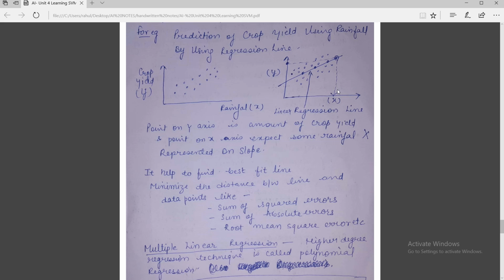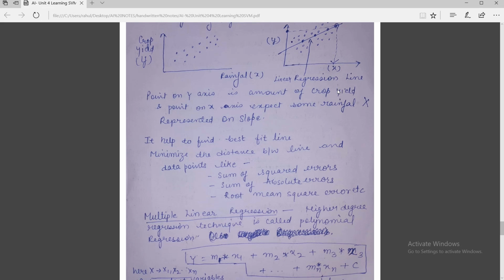Here, by using the linear regression problem statement, we can find how the output is formed as a linear type.